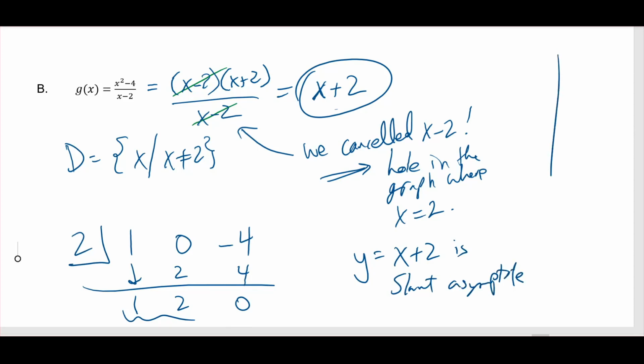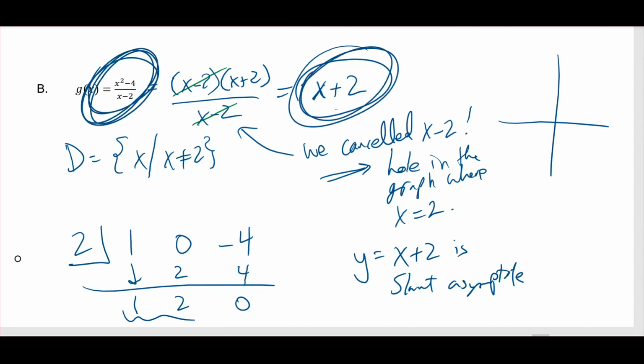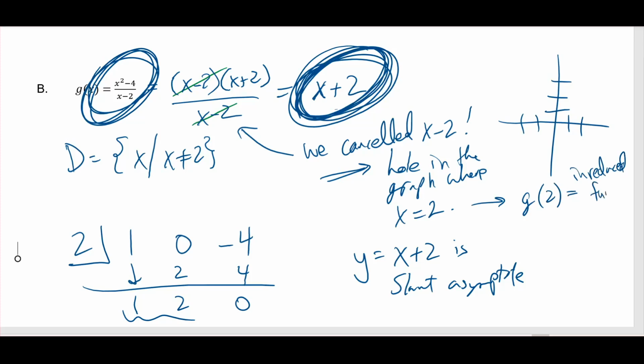But if we go and draw the graph, well, the graph of this object looks exactly the same as the graph of this object, except for where x is equal to 2. So where is that hole? If we put that in the reduced function, this is 2 plus 2, which is 4.